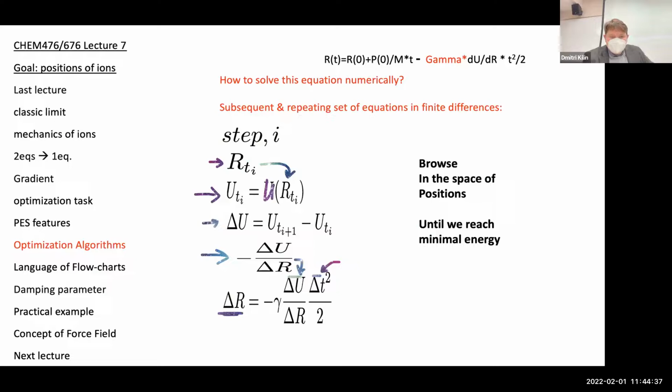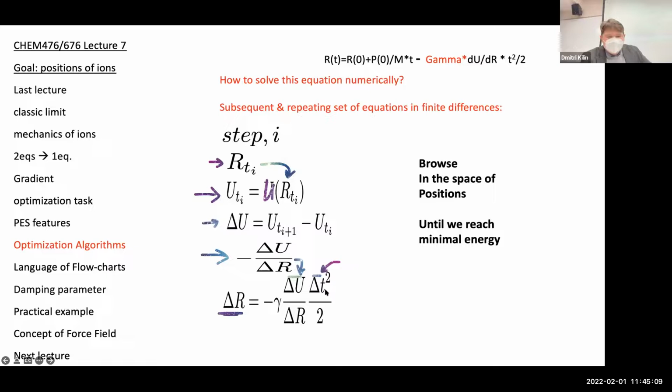And here are our players, or our actors in the game. So the positions of ions at each time step, values of potential energy at each time step, increment of the potential energy between present and future time steps, the gradient, and then the increment of the position, which is gradient, damping parameter, and delta t squared.